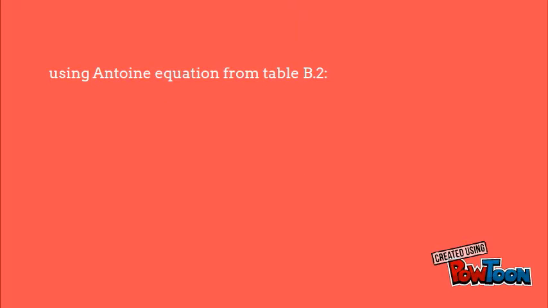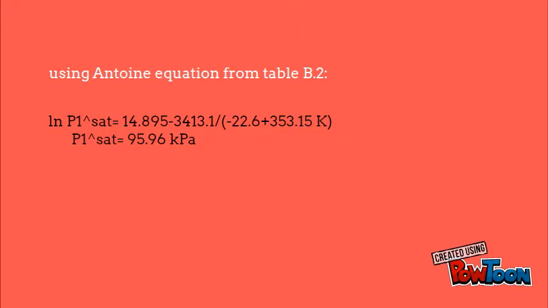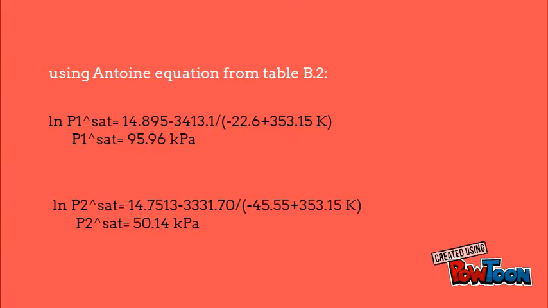So for A, we need to use the Antoine equation to find the P1 sat and the P2 sat. P1 sat is 95.96 kilopascal and P2 sat equals 50.14 kilopascal.